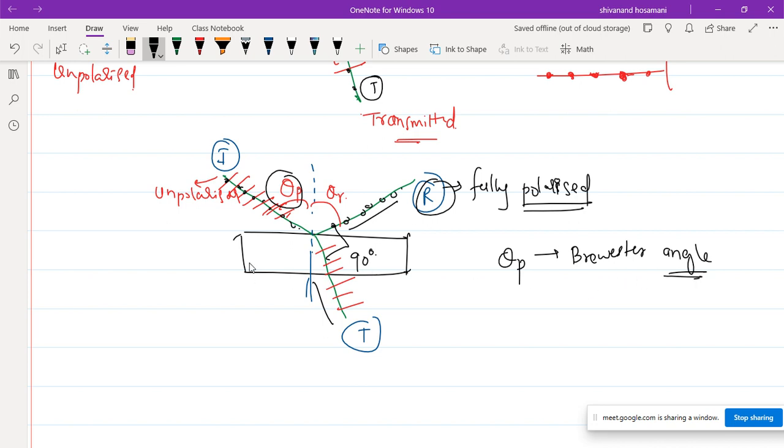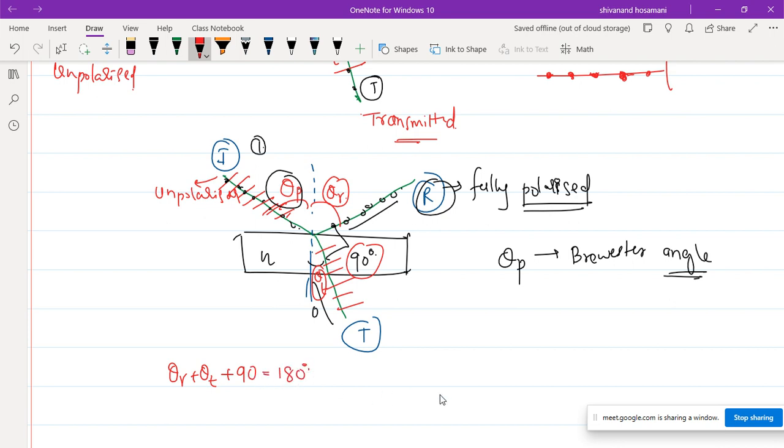Let us take the refractive index of air as 1. According to this concept, this is 90, and this is theta t, the transmitted angle, isn't it? So let's call this the transmitted angle theta t. Now theta r plus theta t plus 90 degrees on both sides becomes 180. See, theta r plus theta t, the transmitted, plus 90 degrees is equal to 180 degrees.